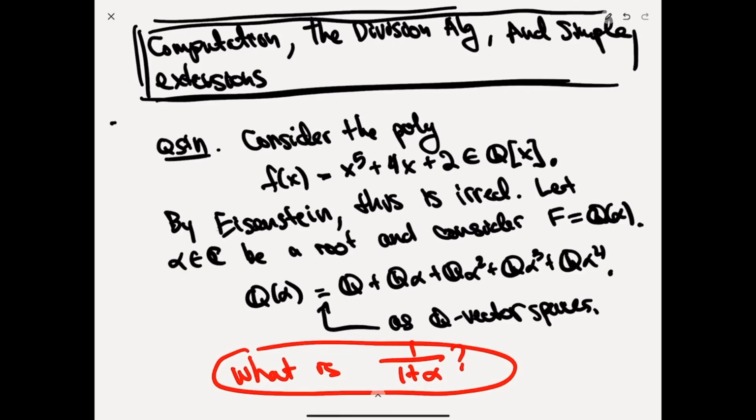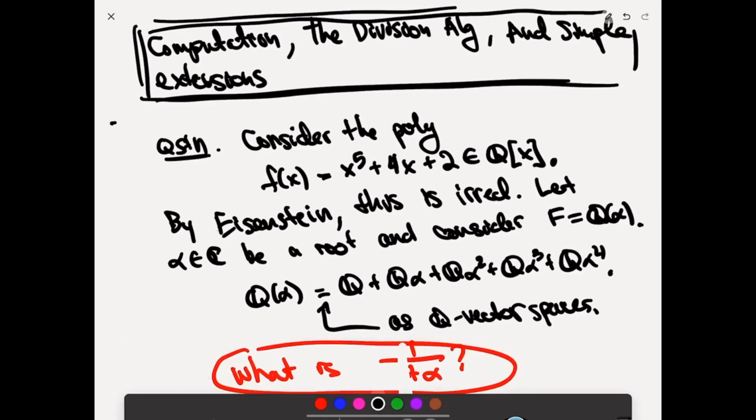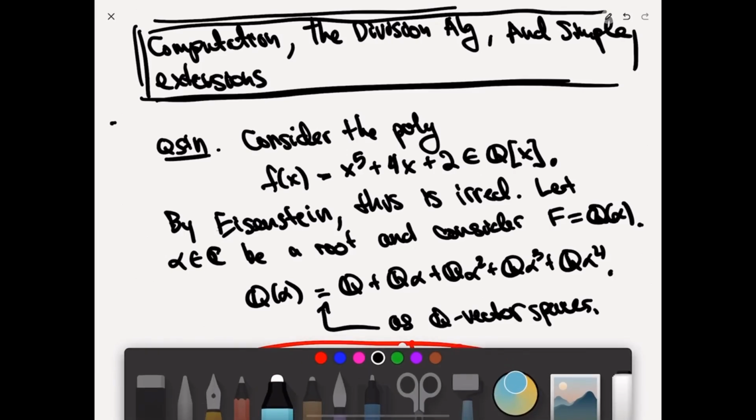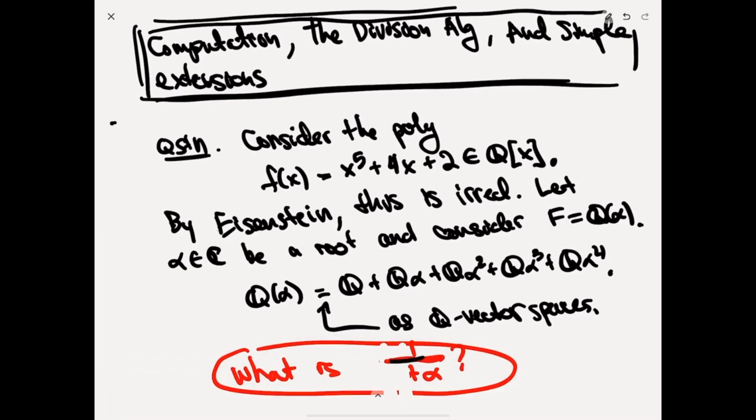Right, so let's try something. 1 over 1 plus alpha. Okay, so we could try a geometric series, right?